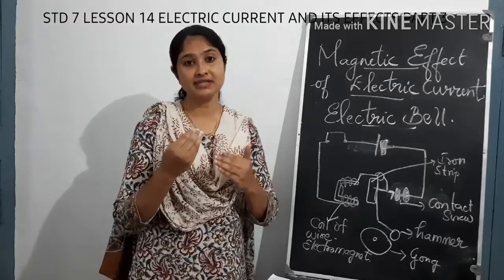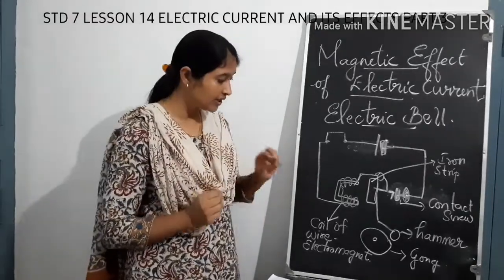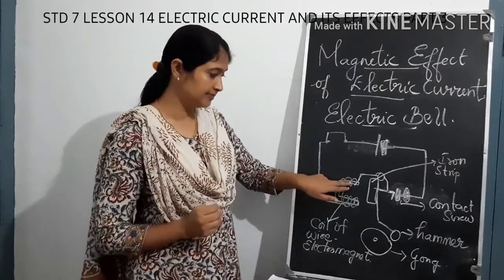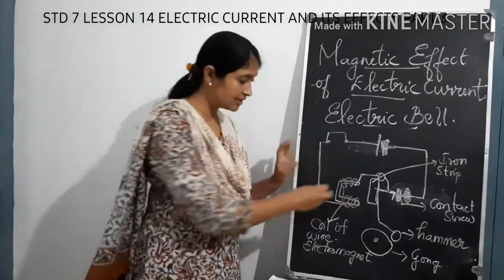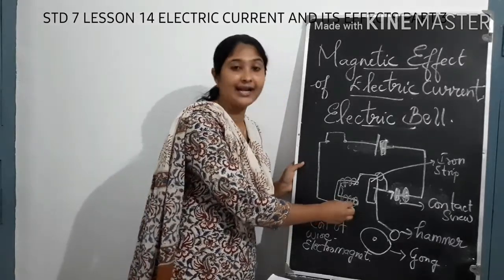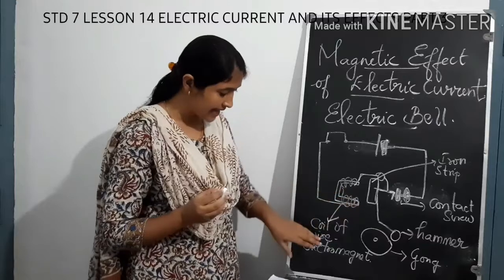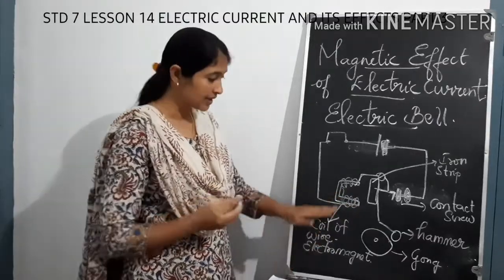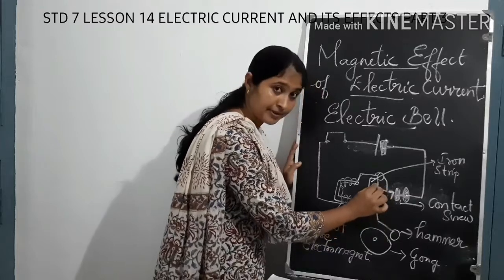Before that, we will see the circuit diagram of that. Okay, you have a coil wound with a wire. So this is acting as the electromagnet over here. This coil of wire is the electromagnet, and close to that you have an iron strip.